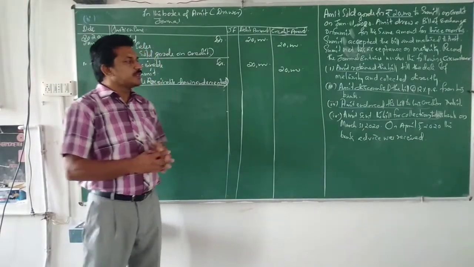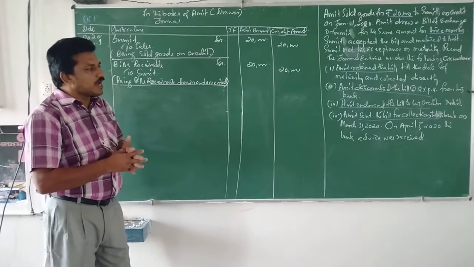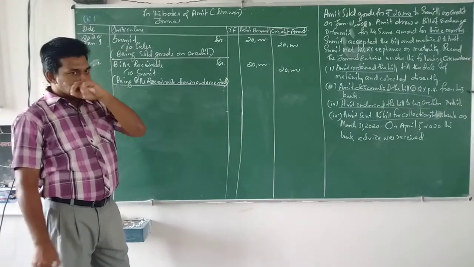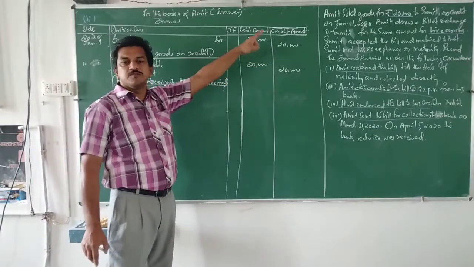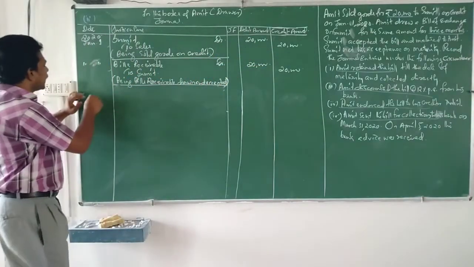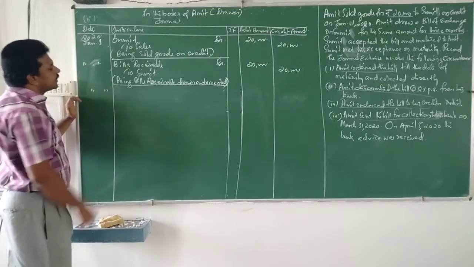Amit discounted the bill at 12% per annum from his bank on the same date, that means on the day when the bill is drawn. So we can write the journal entry here on the same date.